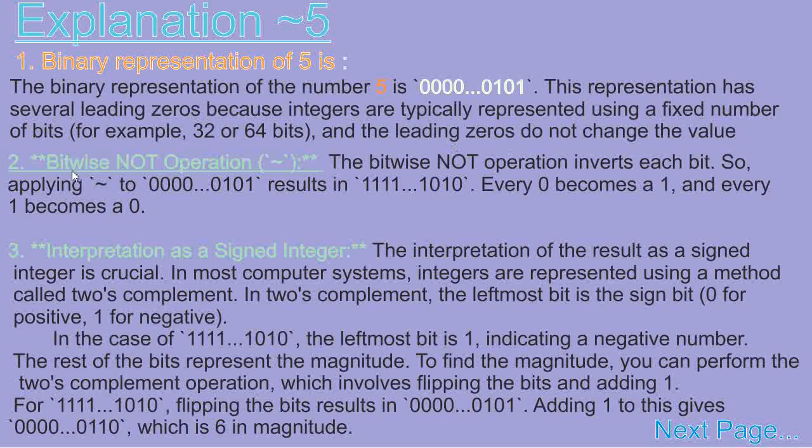Bitwise NOT operation. The bitwise NOT operation inverts each bit. So, applying bitwise NOT to 00000101 results in 11111010. Every 0 becomes a 1, and every 1 becomes a 0.